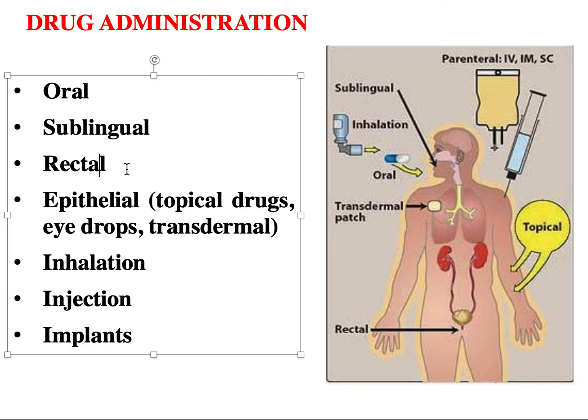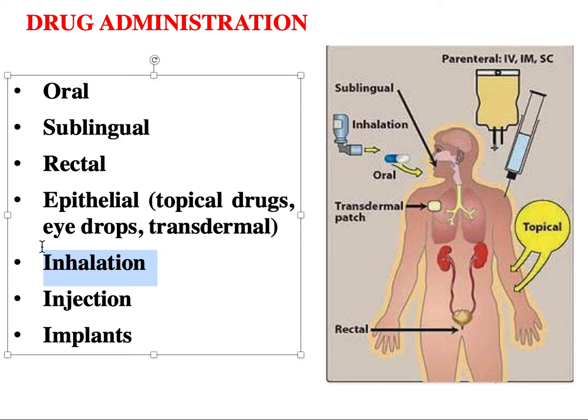There's rectal, where water absorption is happening, so this can be a way for drugs to be absorbed into the body. Epithelial means topical drugs. We talked before that this one is hard to do because the skin's a good barrier. The skin's supposed to keep stuff out, so it's not the best one.